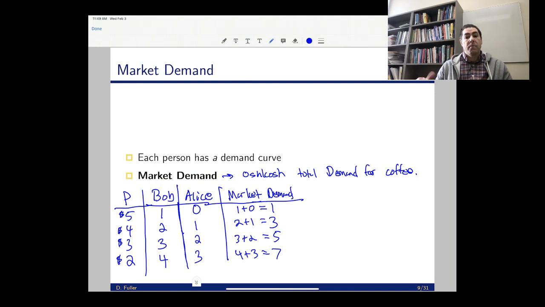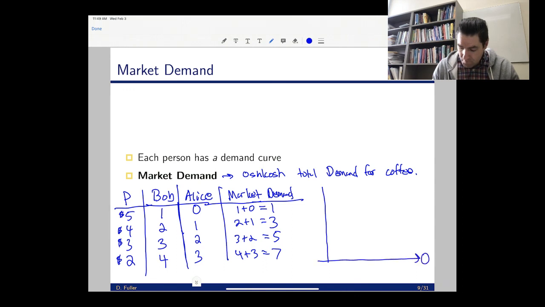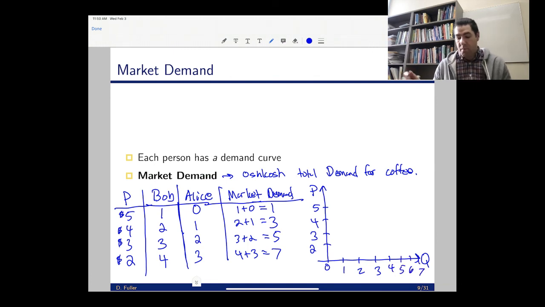Now I'm going to draw out a graph here. Quantity and price. We have $5, 4, 3, and 2, and quantities 0, 1, 2, 3, 4, 5, 6, and 7. I could plot their individual demand curves.